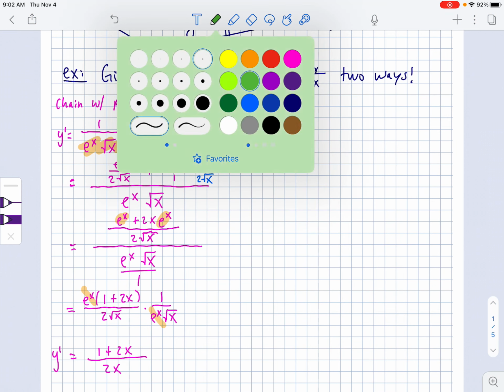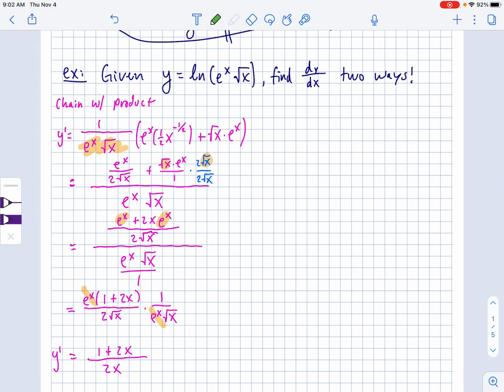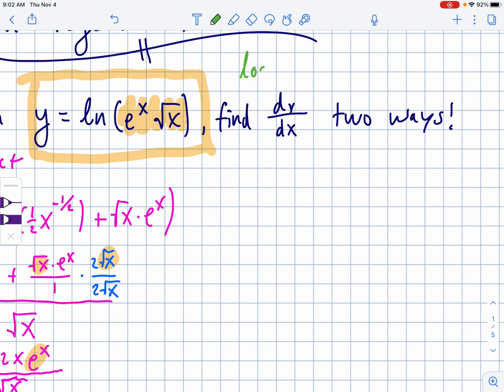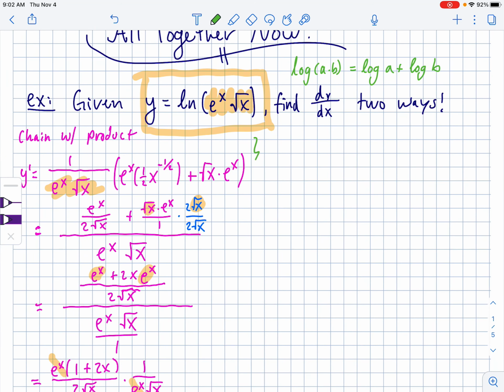We're going to find another way. When I look at this, I see a natural log with two things being multiplied. And there's a property of logs that says this. If you have log a times b, you can split that apart into log a plus log b. So I'm going to do a whole another approach, but with log properties.